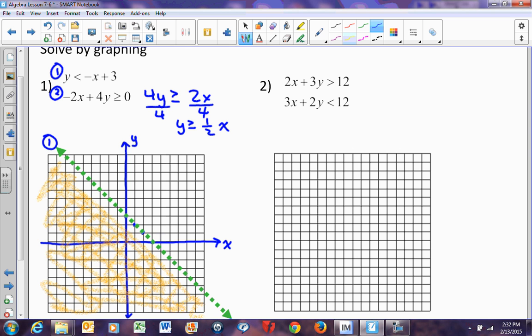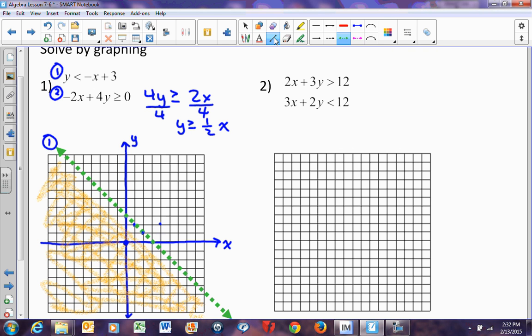So that's easy enough. It starts at 0. 1/2 means up 1 over 2, up 1 over 2, up 1 over 2. Up 1 over 2 is here. All right, so now I'm going to have another line. This line is going to be solid.